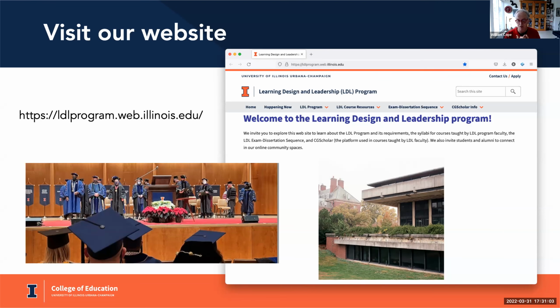Also, one thing I didn't mention is that, of course, the college offers a whole suite of online programs, and there are lots of other courses. We've only really mentioned the ones that are in the Learning Design Leadership program. There's the Diversity and Equity program. There is the Global Studies and Education program. There is the Human Resource Development program.